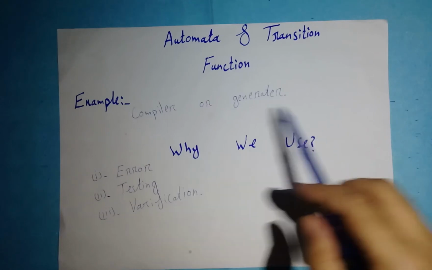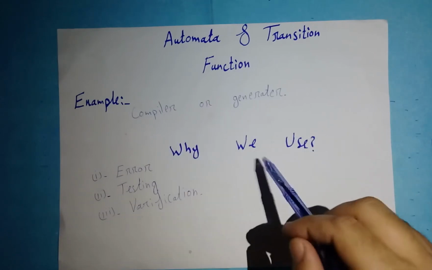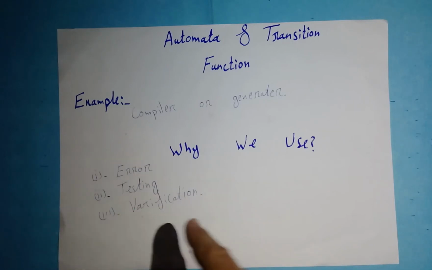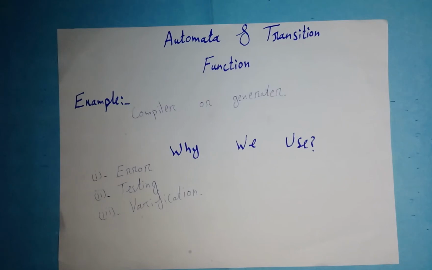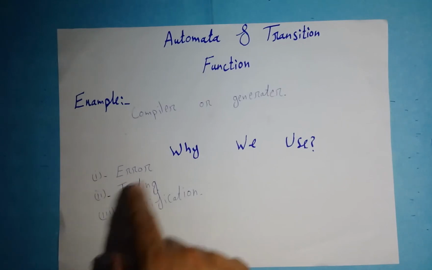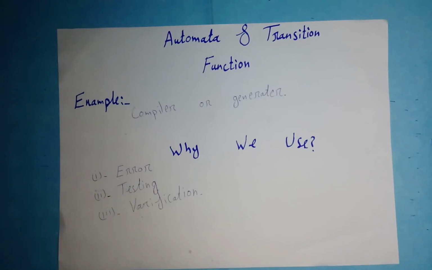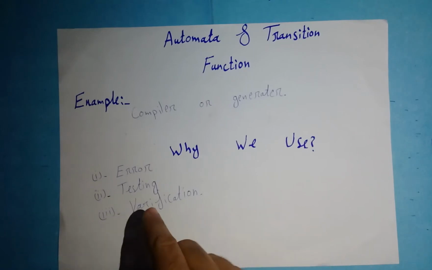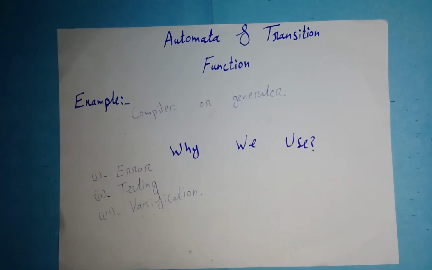Now I've written down one heading over here: why do we use automata? Due to these three things we use automata. The first thing is error. When you make a program and any error occurs in the program, automata tells whether any error has come in the program or not.